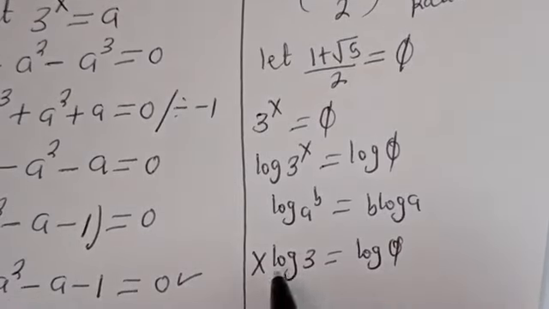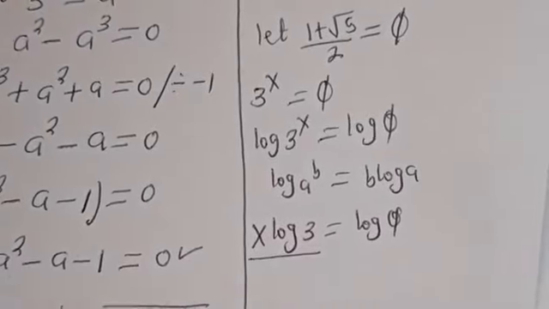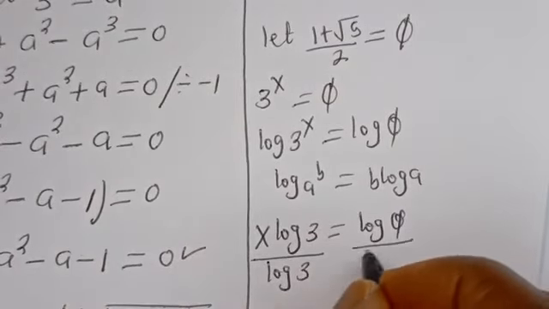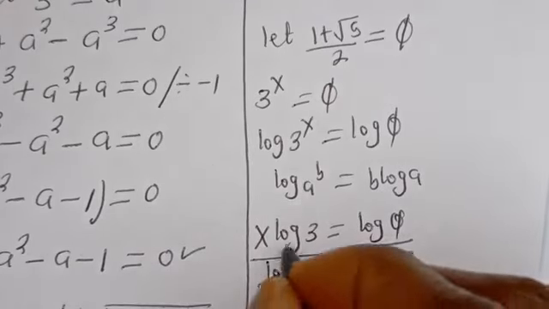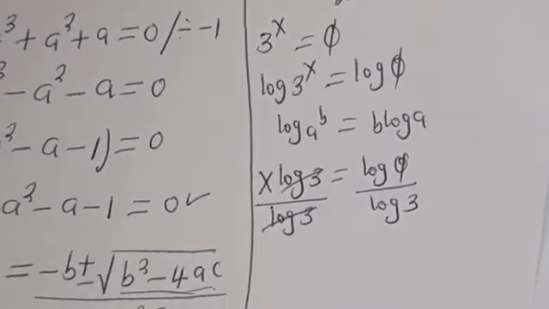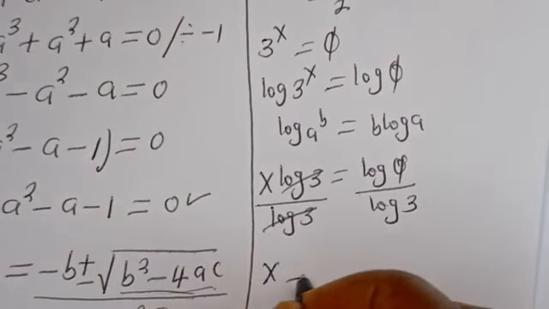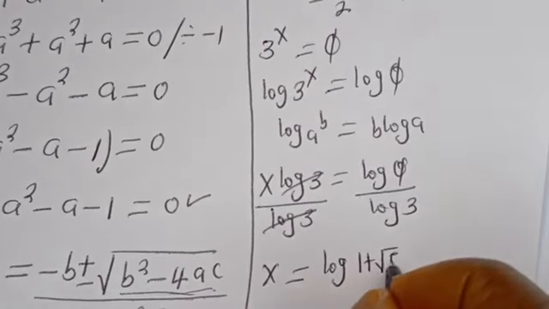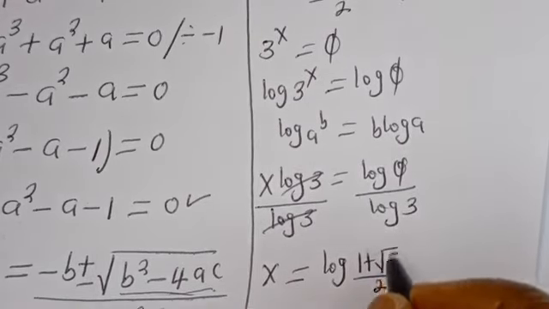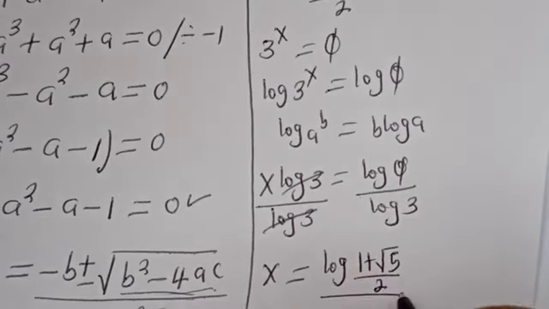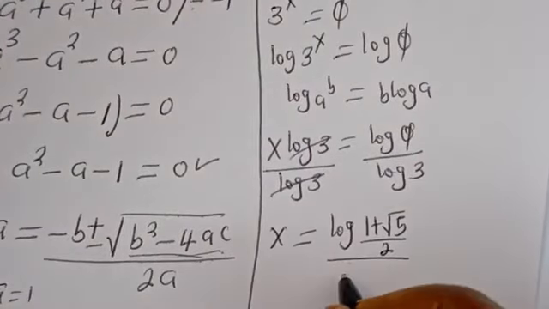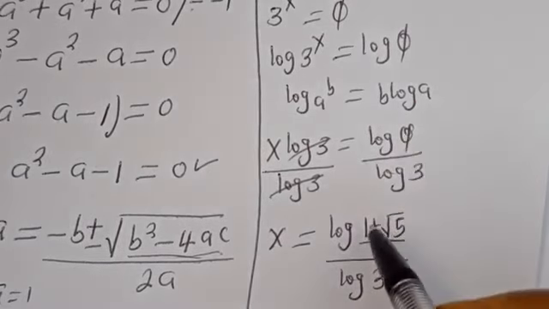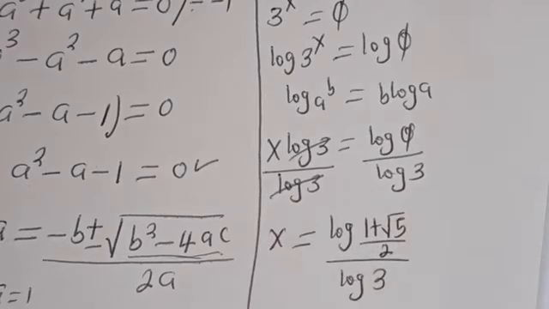But we are looking for the value of x. Let's divide both sides by log 3. This divided by log 3, this divided by log 3; this will cancel this. x is equal to log phi divided by log 3, because our phi is equal to 1 plus square root of 5 divided by 2.